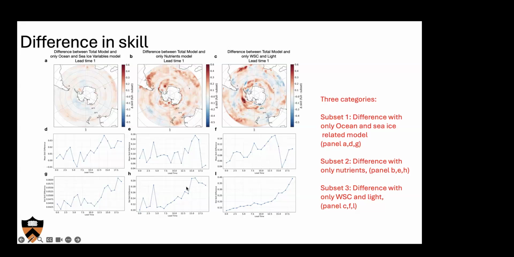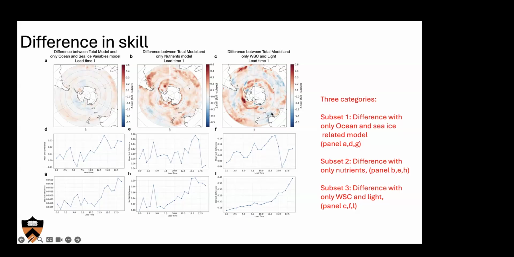However, there is one thing to notice here, because if you look at G, H, and I, the standard deviation of this difference, not the mean, it's true that G is lower in terms of standard deviation, but the atmospheric related part has the highest standard deviation, indicating that the wind stress curl and light have a very regional pattern, as you can see also from here, where you have a great decline in skill near the coast, but in the open ocean, it doesn't reduce the skill much.